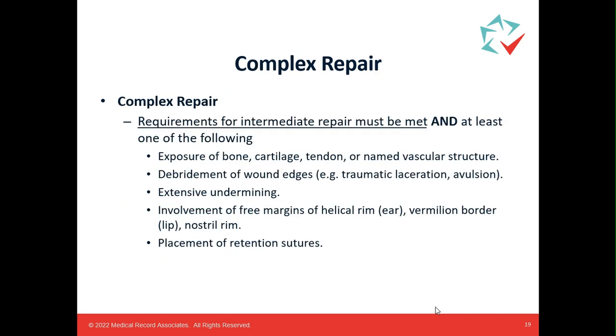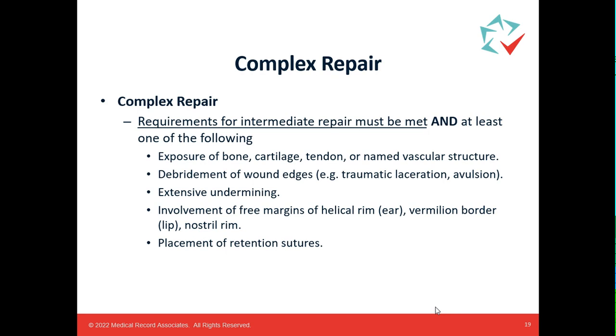Now we're going to talk about complex repair. In order to code complex repair, we first have to meet the requirements for intermediate repair, and then we have to meet at least one of the following. Exposure of bone, cartilage, tendon, or named vascular structure, or debridement of wound edges, such as you would see in traumatic laceration or avulsions.